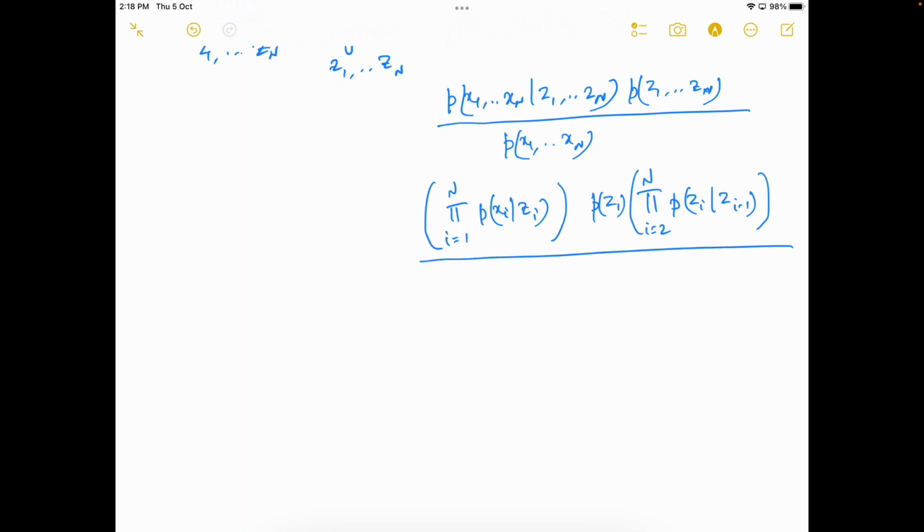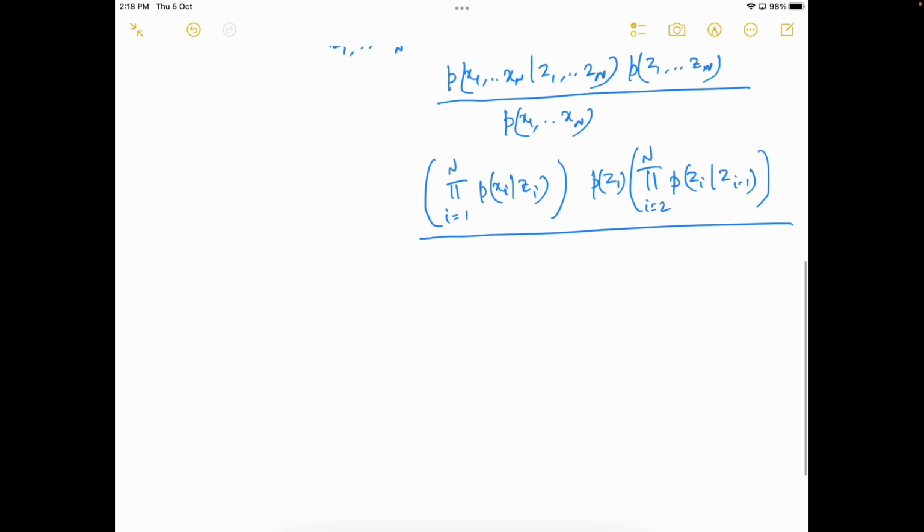Divided by P of x1 to xn. How do we write this denominator term? We know it.